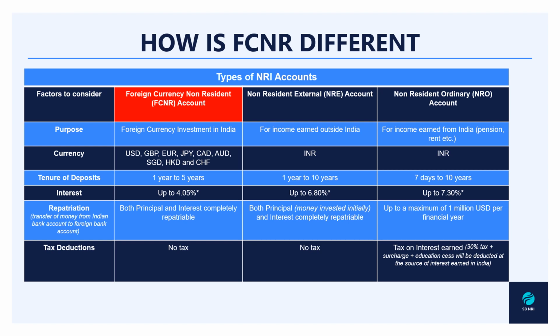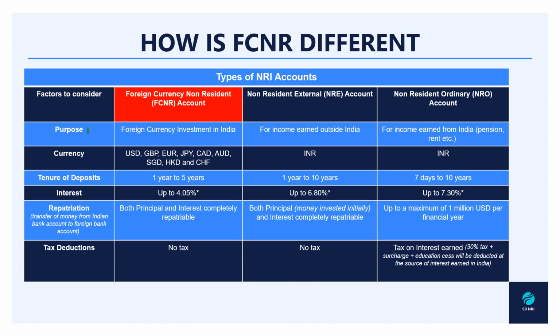In my previous two videos, I focused on NRE and NRO accounts, and those were the accounts we kept as our reference, and then we differentiated with the other types of accounts. So in this video, we will keep the FCNR account as our point of reference, and we will be considering the very same factors that we considered in our previous two videos.